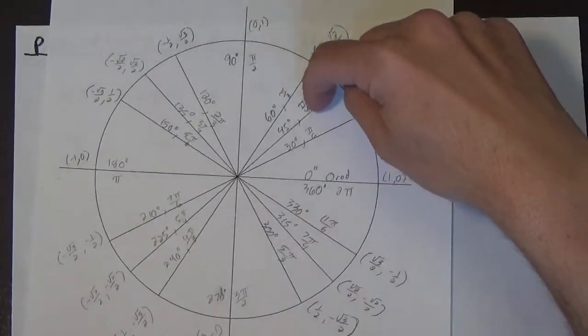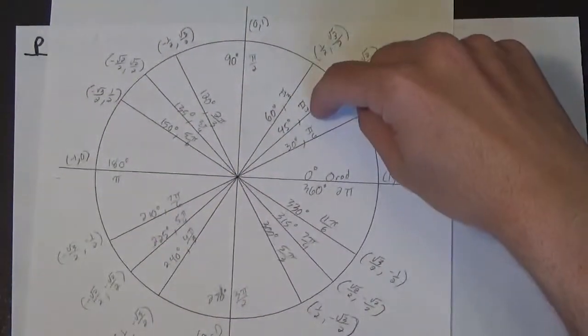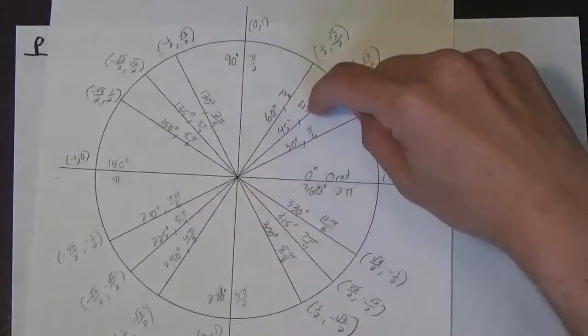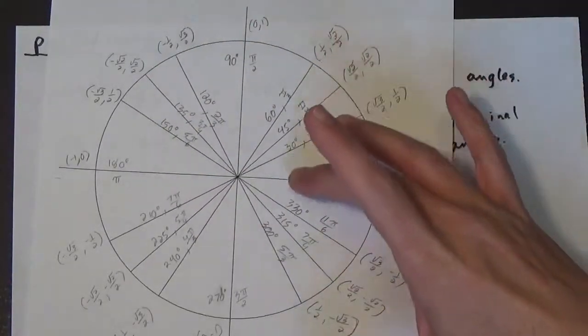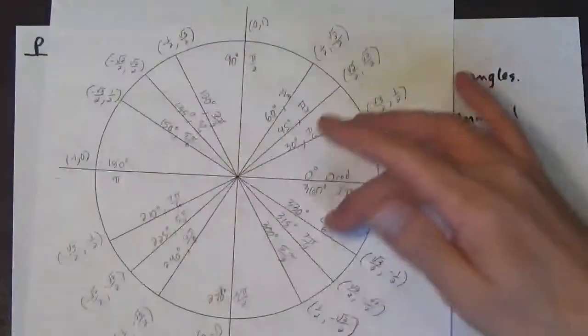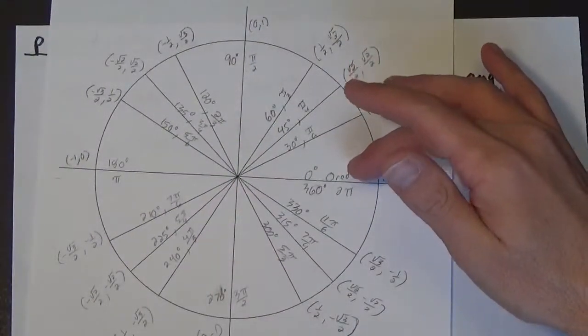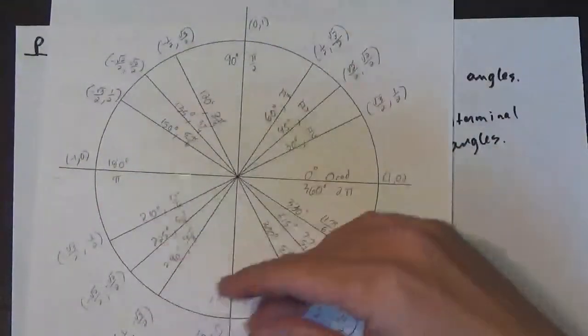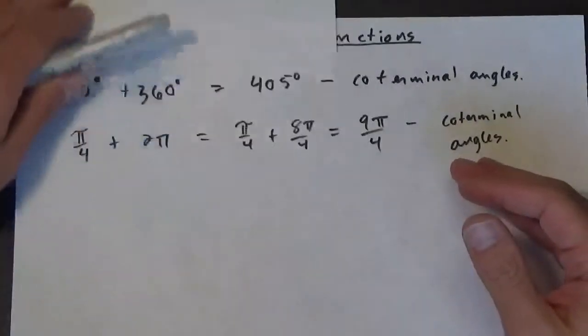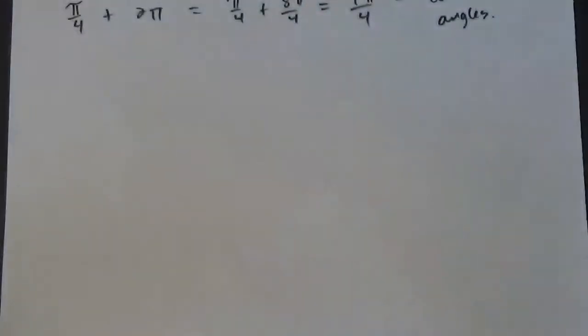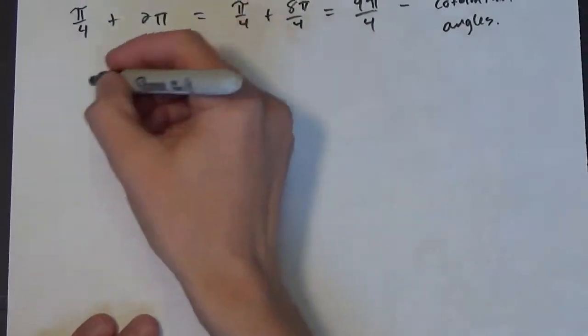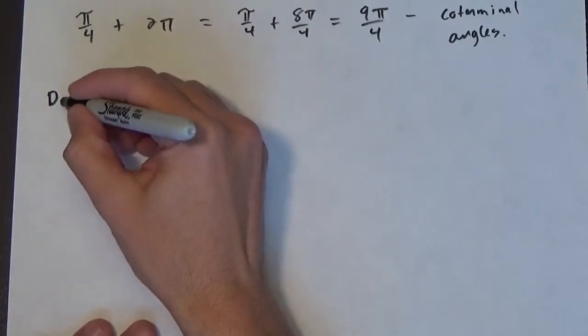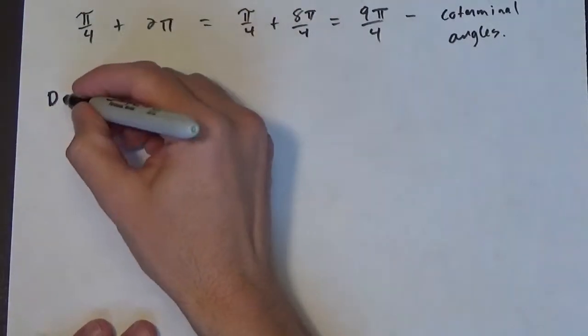I start here, I go all the way around, and I'm back at the same thing. And I go all the way around, and I'm back at the same thing. So in this case, every 2 pi radians, we just keep on repeating over and over again. So let's go ahead and write out the definition of a periodic function. But the concept is that you just keep on repeating.